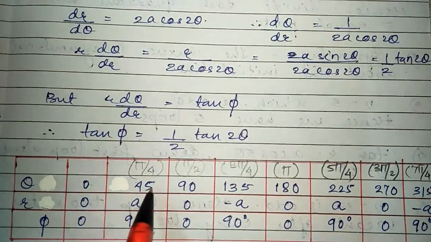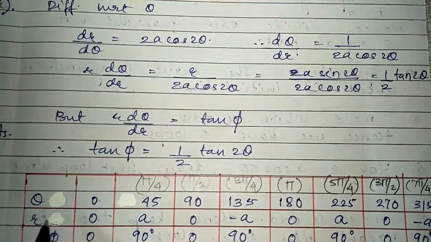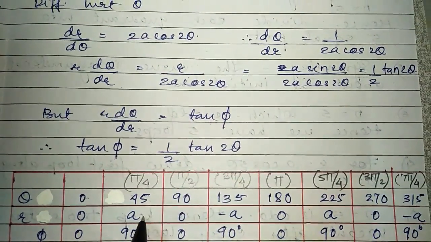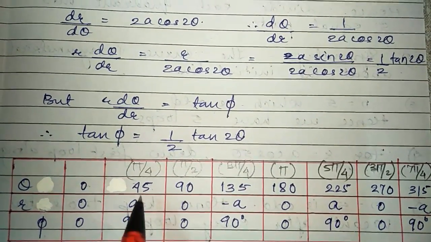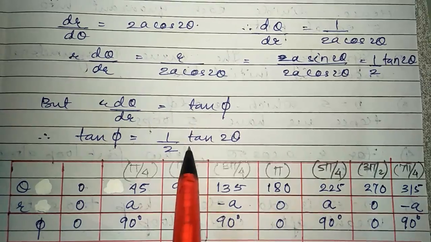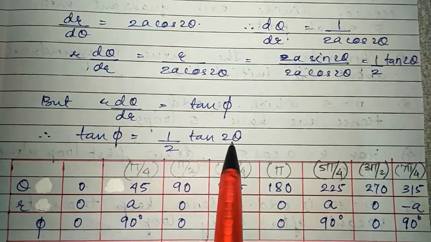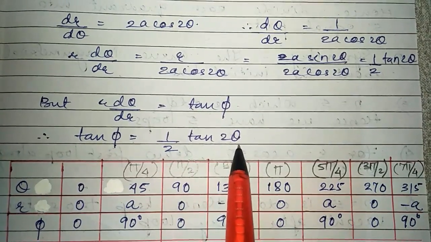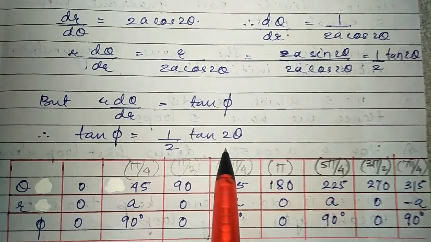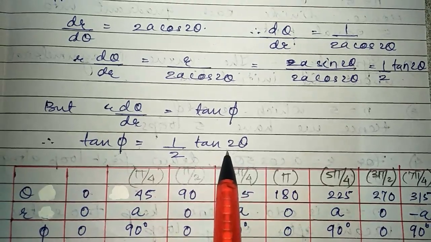Now if θ is π/4, the value of r is a and the value of φ will be 90 degrees, because here tan 2θ = tan(2×π/4) = tan(π/2), which is infinity.